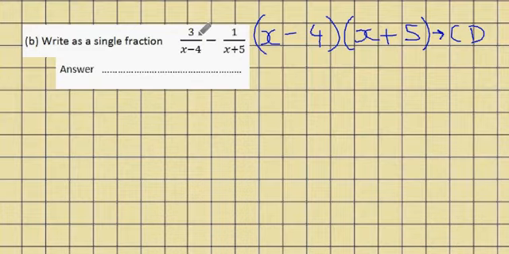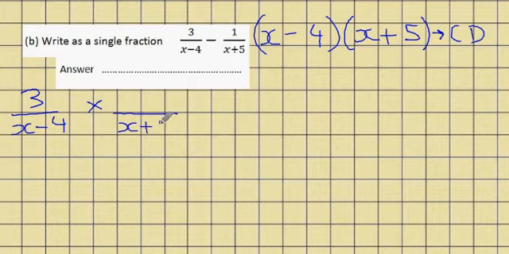And now I'll do these one each. So I have 3 over x minus 4. I have to multiply the denominator by x plus 5 so that it will become this common denominator here, x minus 4 times all of x plus 5.